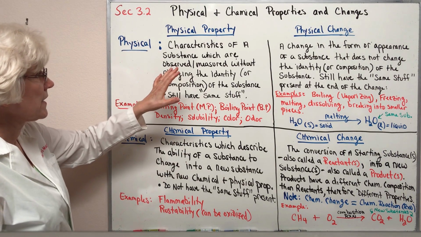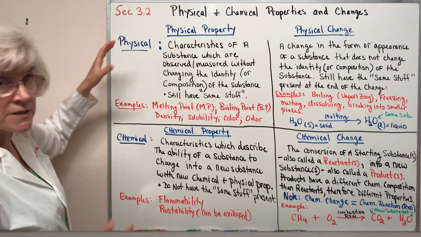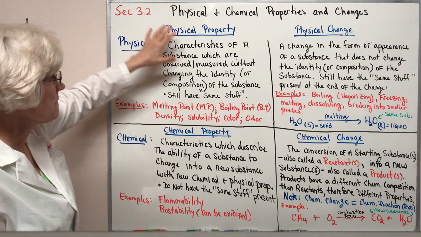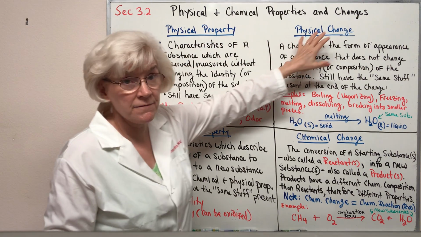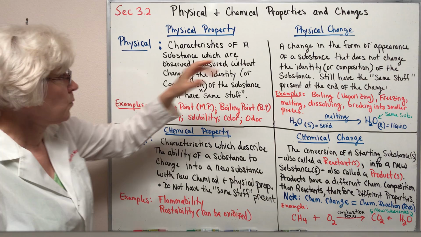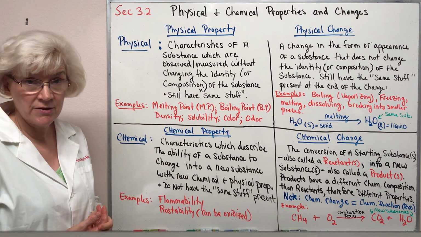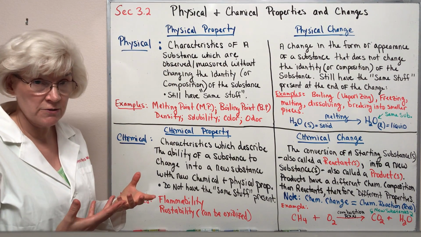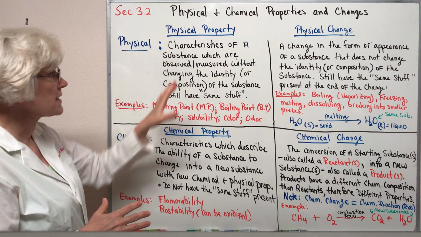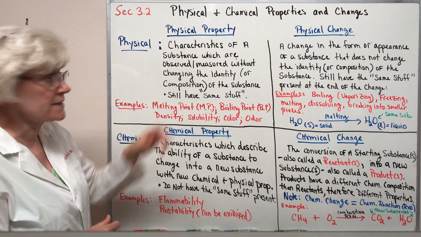Looking at the board here, the first category is physical properties and physical changes. One type of change that matter can undergo is a physical change, and that's closely linked with its physical properties.